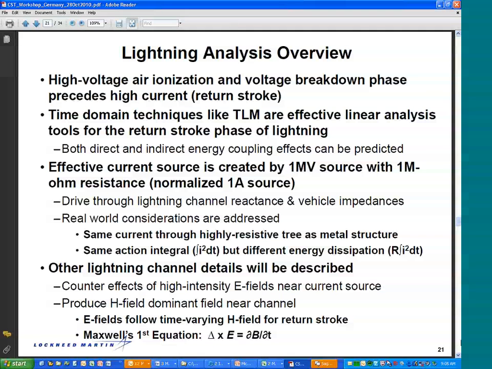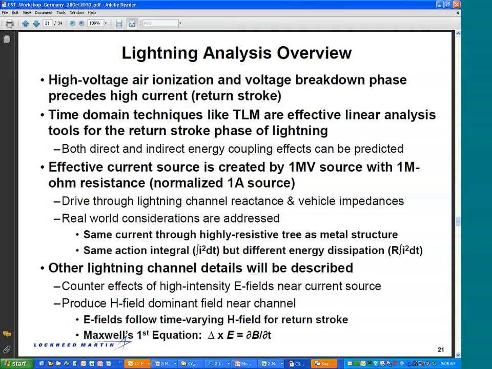But in this case, I'm going to talk about a linear analysis where you're not looking at breakdown in wire harnesses, or if you do have localized breakdown in a skin, you have an overall conductivity that is quasi-linear, where you can do a linear analysis.